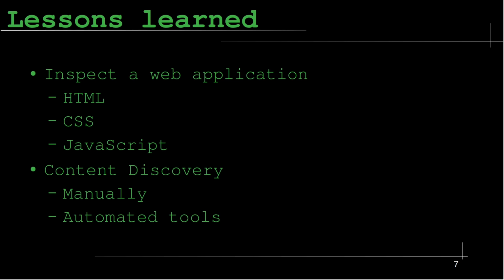Now that we've solved the challenge, let's summarize the main lessons learned. To inspect the web application means to examine its source code, which includes HTML, CSS, and JavaScript. HTML is the standard markup language for documents designed to be displayed in a web browser and describes the structure of a web page using HTML elements.